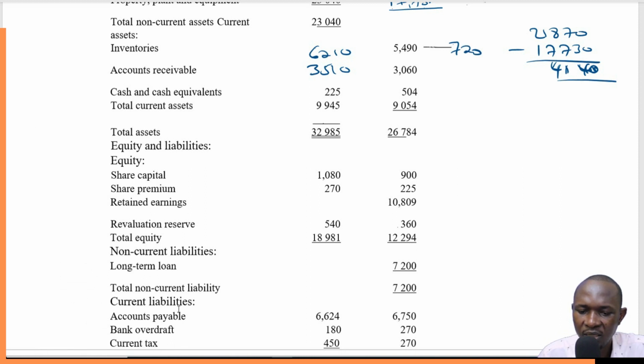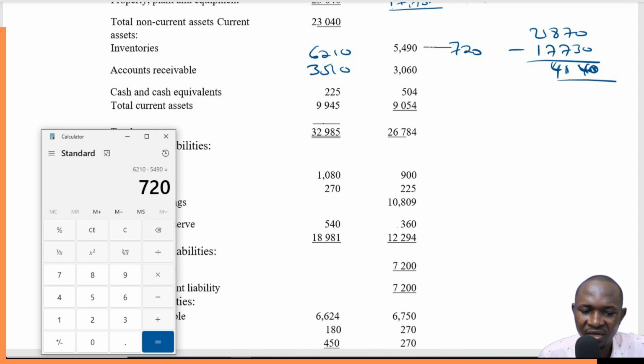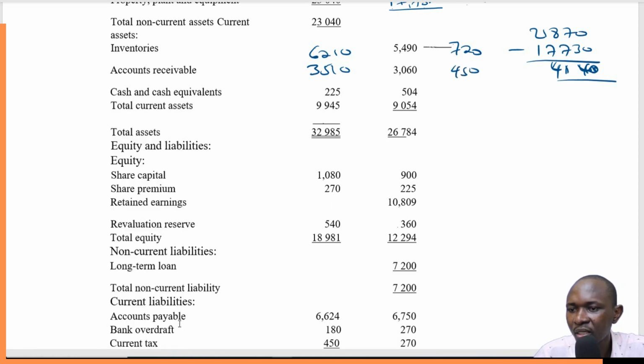Then the second part, accounts receivable, increased from 3060 to 3510. So minus 3060, this is 450. You can see this is 2019, this is 2020. So it's an increment from 2019 to 2020.